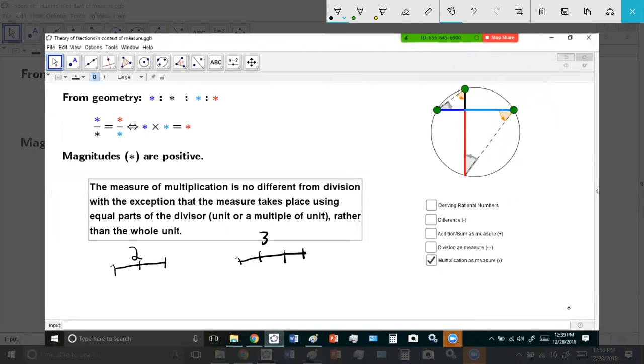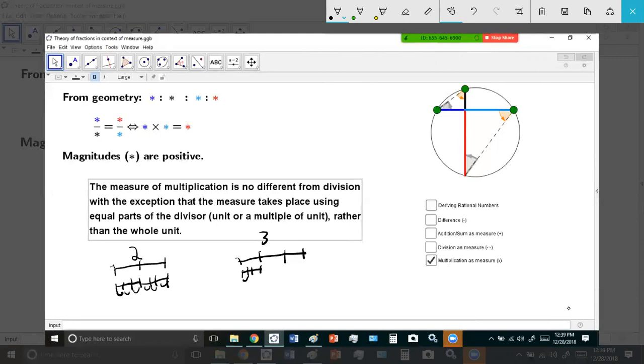Then what it means is we're going to be using parts of the divisors. So we take the unit and we divide it up into 3 parts, like that. 1, 2, 3, right? And we do the same thing over here. 1, 2, 3, and 1, 2, 3. And now we simply count how many of these are in here. 1, 2, 3, 4, 5, 6, right?